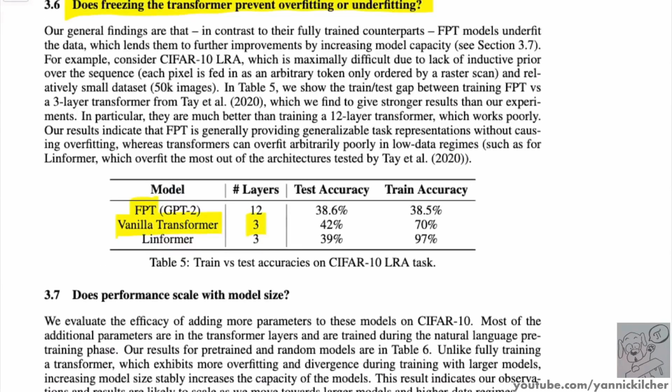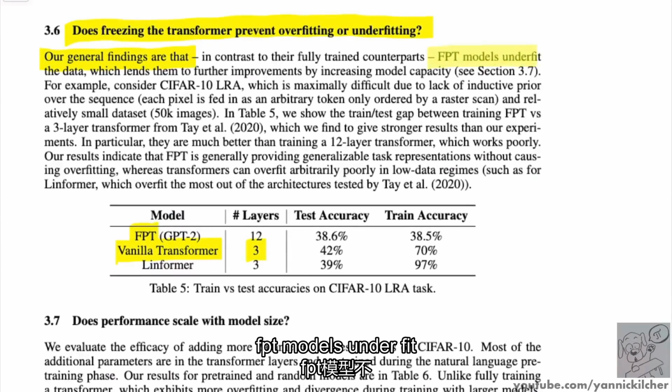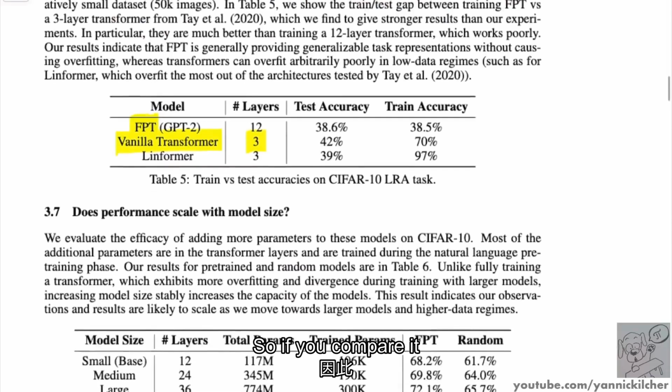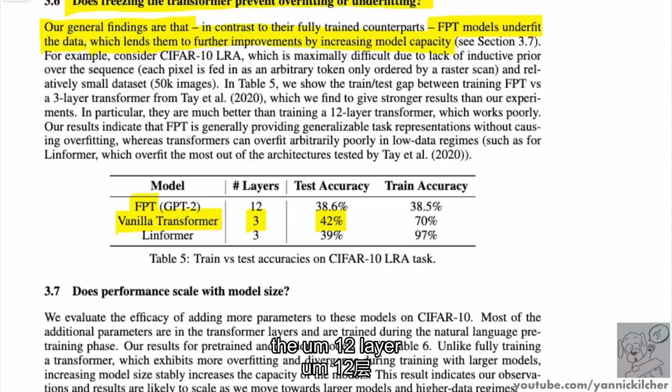So they say, our general finding is that in contrast to their fully trained counterparts, FPT models underfit the data, which lends them to further improvements by increasing model capacity. If you compare it to a 3-layer transformer, the 3-layer transformer does outperform the 12-layer frozen transformer.